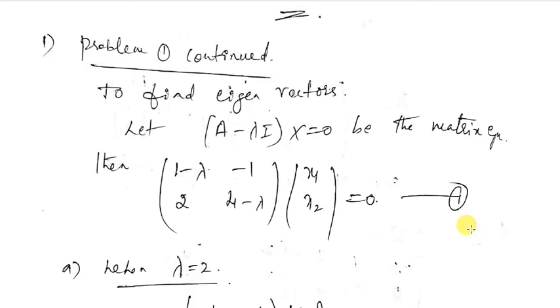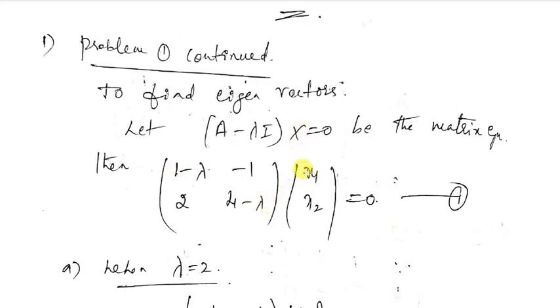We have to start with the matrix equation, that is A minus lambda I times x is equal to 0. All of you are familiar with the matrix equation, right? We have solved linear systems of equations using Cramer's rule, right? Then for the given matrix A, we get the matrix equation as 1 minus lambda, minus 1, 2, 4 minus lambda times capital X, a column vector.